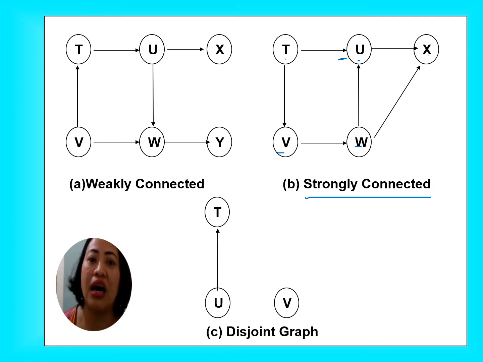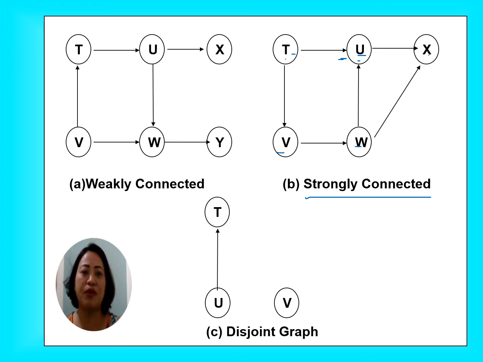Like we have T to U to X, or W to U to X, or W to X, or T to V to W, or T, V, W, U, X. As you have noticed, every vertex is connected via its edges. So this is an example of a strongly connected graph.